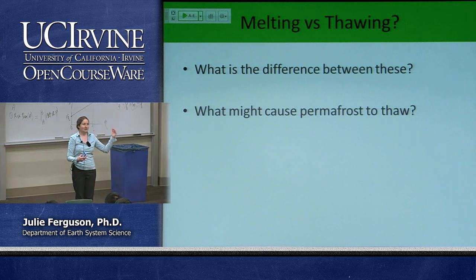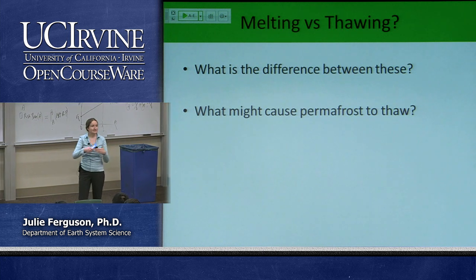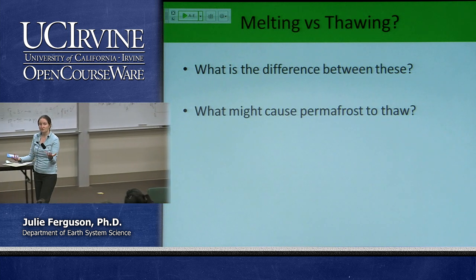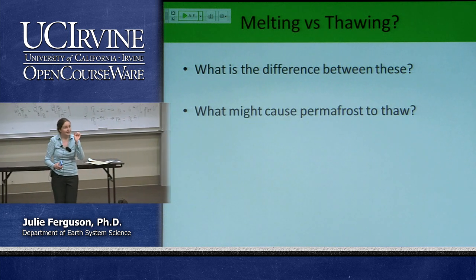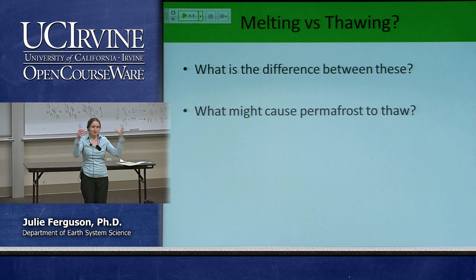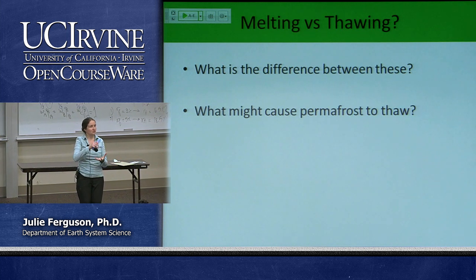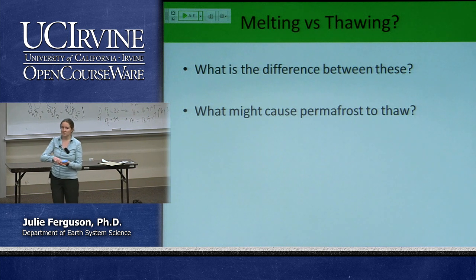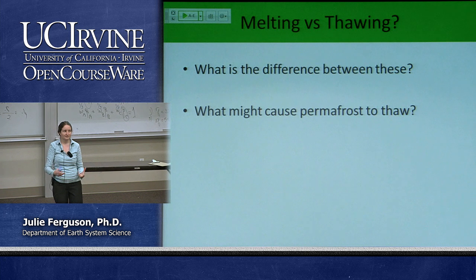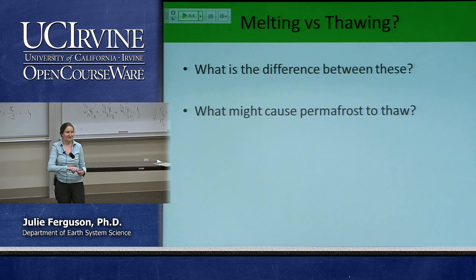But instead, being a solid below 0 degrees Celsius, it's a solid above 0 degrees Celsius. And the same is true for our permafrost. The ice in those pore spaces might melt, but the soil as a whole, as that solid changes from below 0 degrees Celsius to above 0 degrees Celsius, we call that thawing. And I try and always use the right one, but you are allowed to shout at me if I use the wrong one.